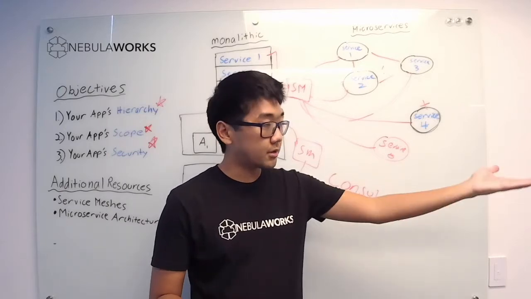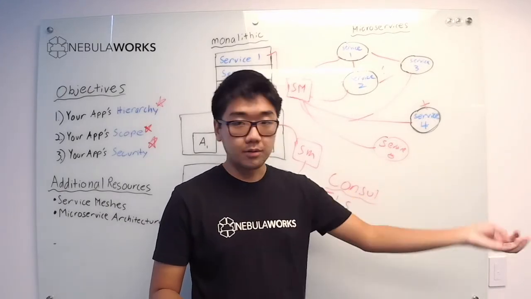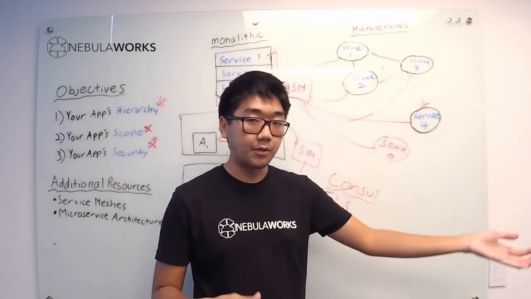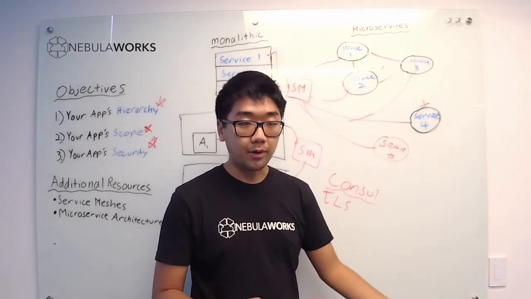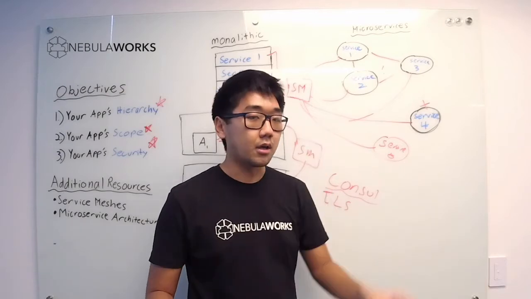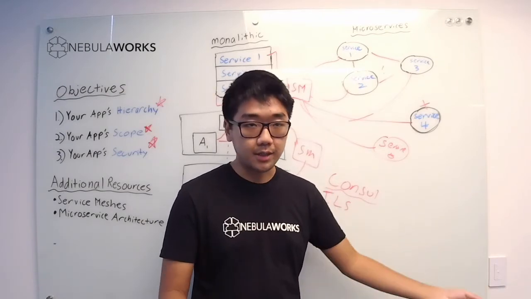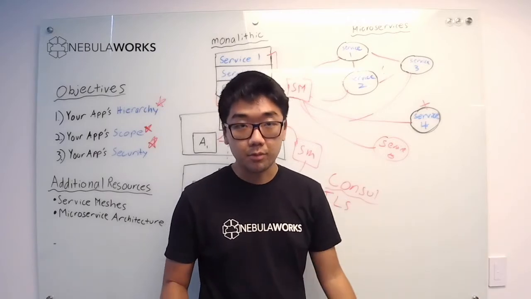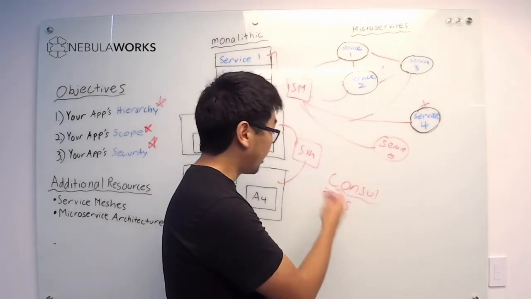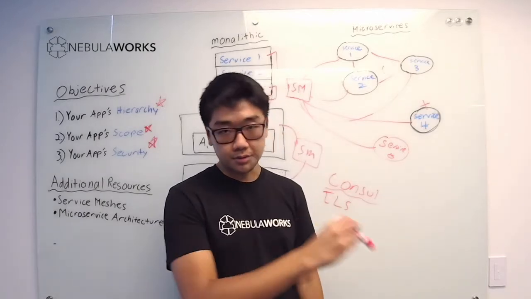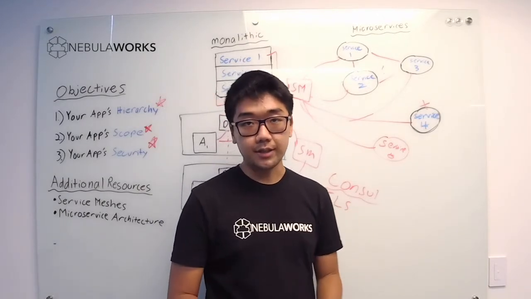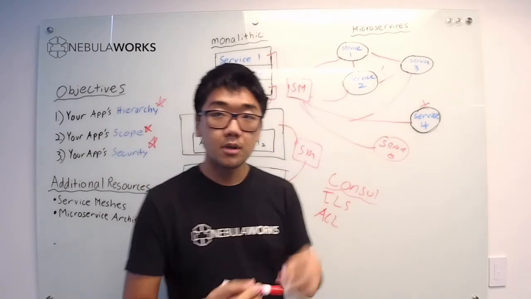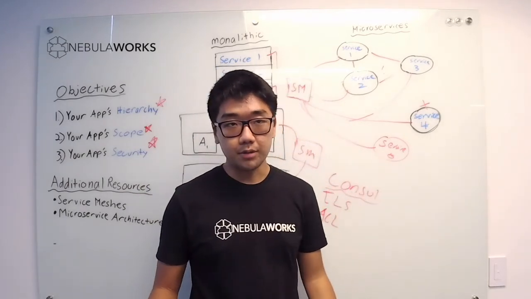When one service is requesting another service's authentication, it requests a handshake from the other application, and if it receives a proper handshake, being a specific certificate and a key, then the connection is secured and communication can go through as normal. So Consul uses mutual TLS and access control lists, ACL for short, in order to establish security between services.